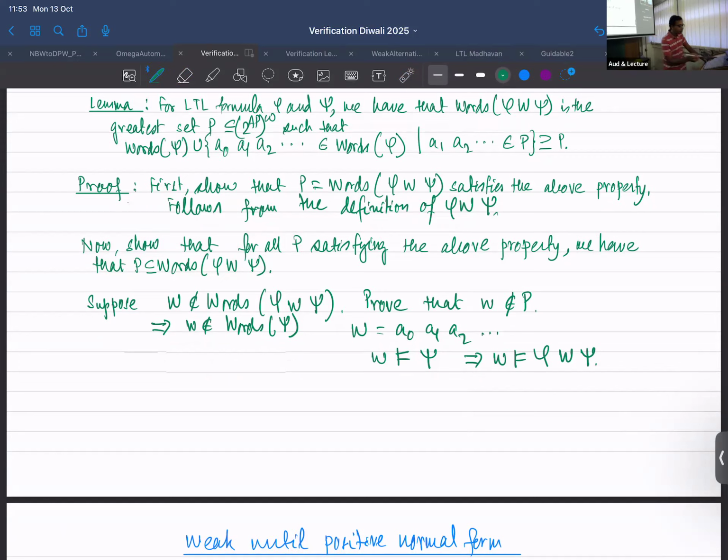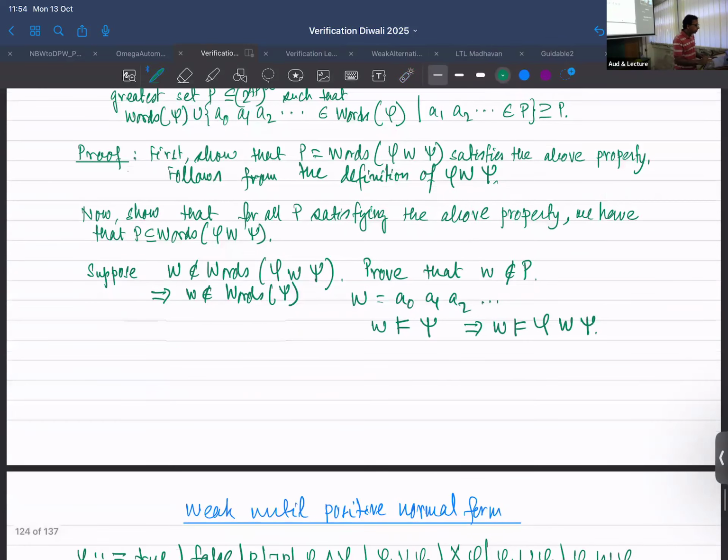We can say something more: that there exists some k where phi ceases to hold and psi is also not true there, correct?